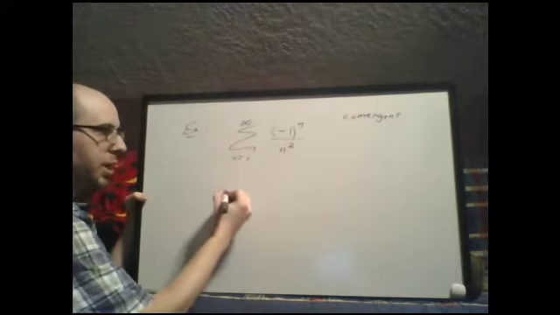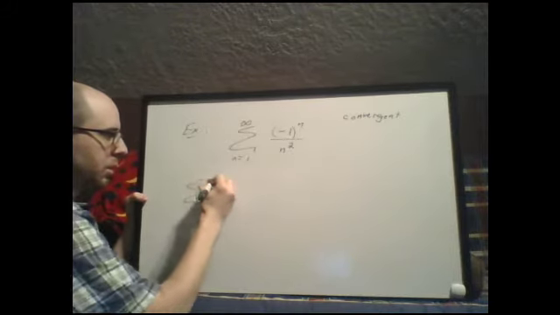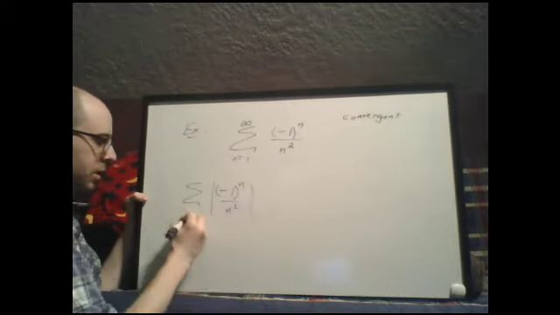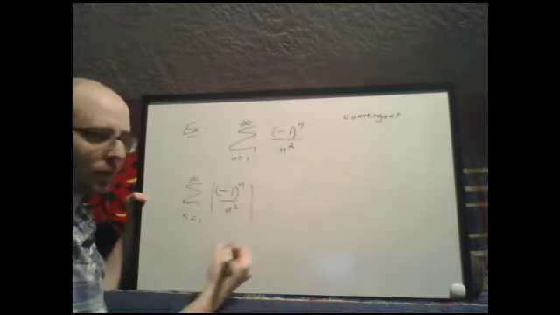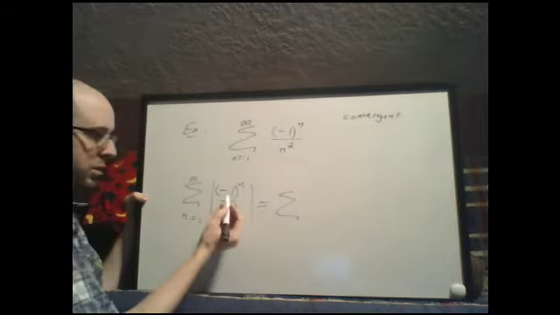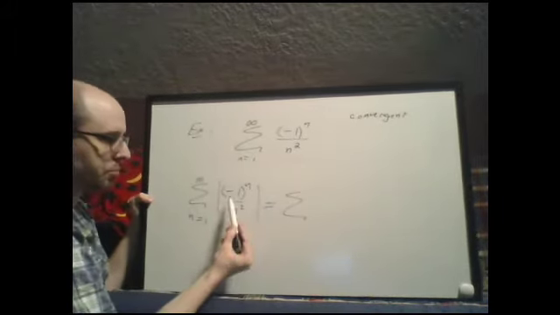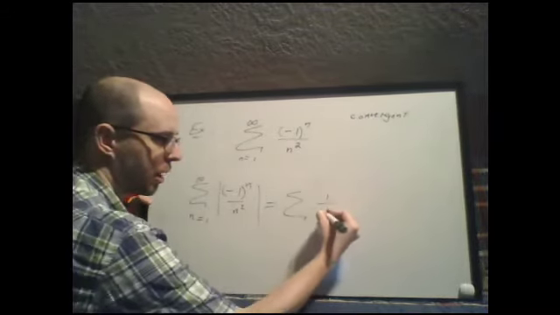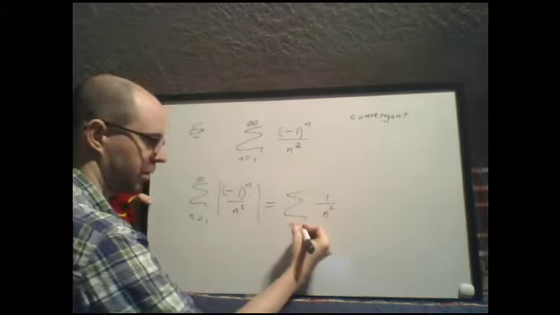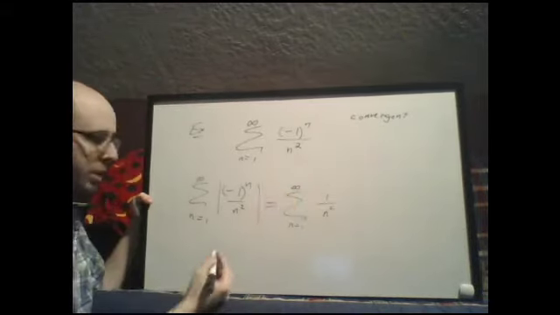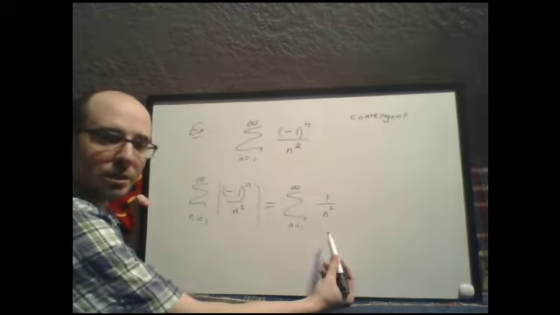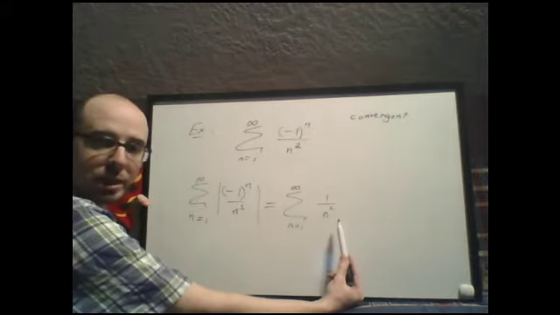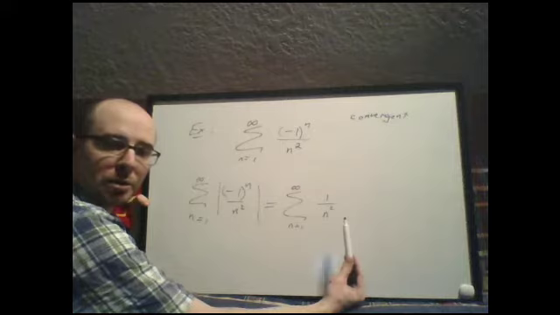But if we look at the absolute value of this, the series that we obtain if we take the absolute value, well, taking the absolute value is just going to get rid of the alternating part. So if I take the absolute value, the negative 1 to the n doesn't matter. It's forced to be positive in all cases. And so in that situation, I get the ordinary p series, 1 over n squared. That's convergent because for positive p series, p needs to be bigger than 1 to be convergent.